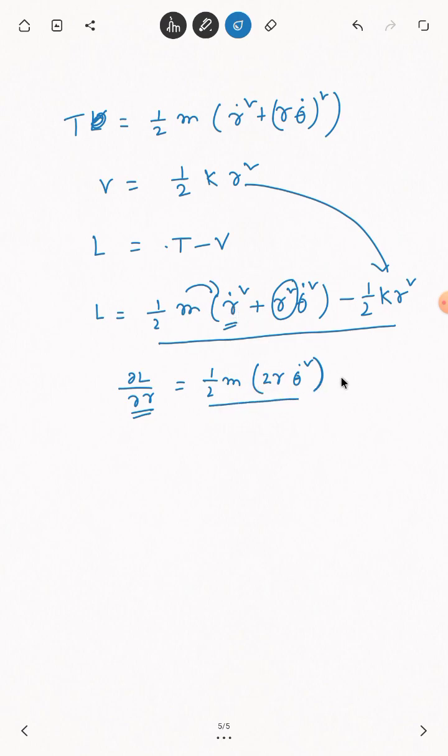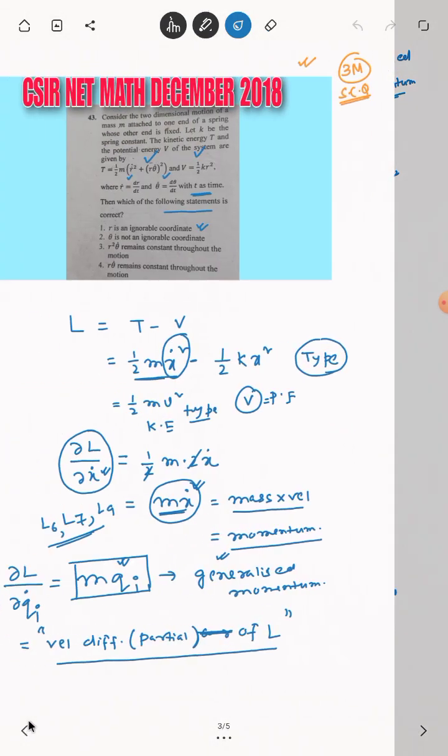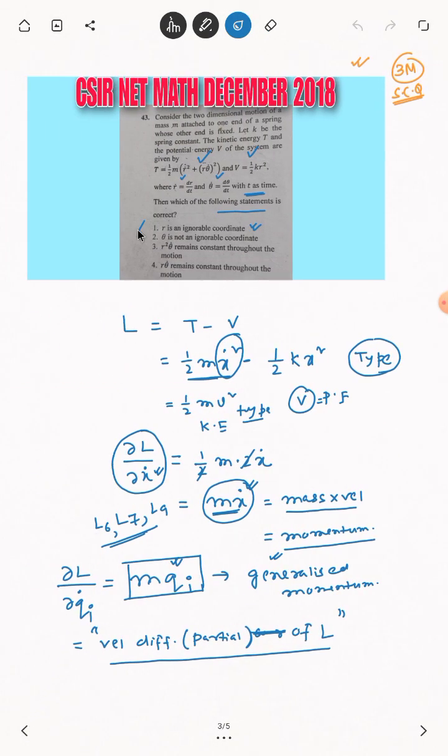And now the second one is half into k into 2r. So this 2 will be cancelled. Now can we call it 0 always? No. In general it is not equal to 0. So the first option is obviously false. They have given that r is an ignorable coordinate, but it is not. Theta is not an ignorable coordinate, the second option.